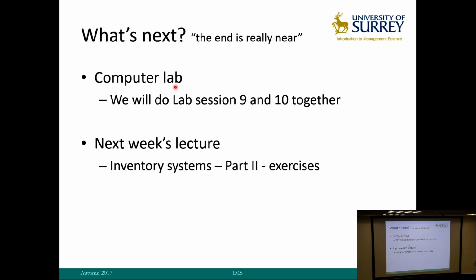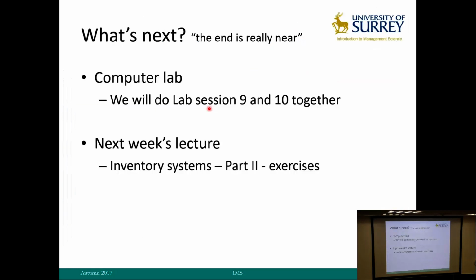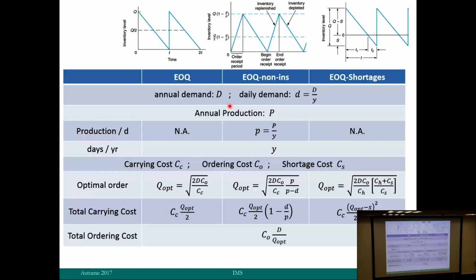And one thing is, in this week's lab, we're going to do 2 labs. Lab sessions 9 and 10, we're going to do together. The reason is that in the last 2 labs, we don't have any real labs, so we don't need any Excel skills. We're just trying to solve these calculations. We're going to summarize all the equations in the lab session and figure out, for several different questions, how to solve inventory questions when we see different stories and different business cases.